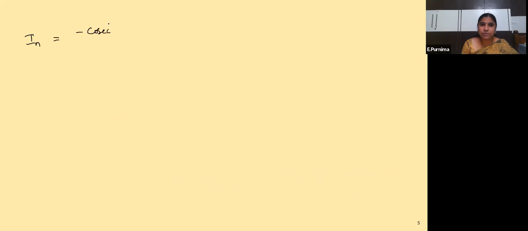Minus cosecant to the power of n minus 2 x into cot x, minus n minus 2 into the integral of cosecant to the power of n minus 2 x into cot square x. This was our previous step.